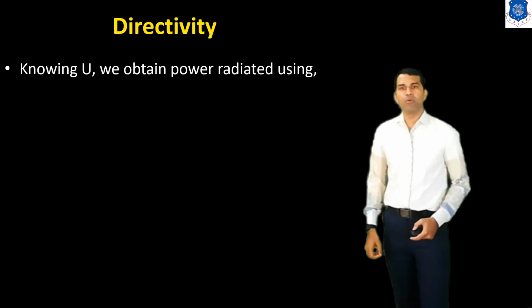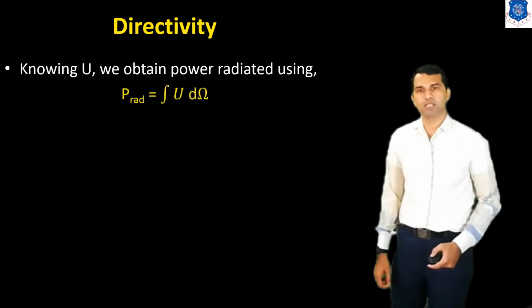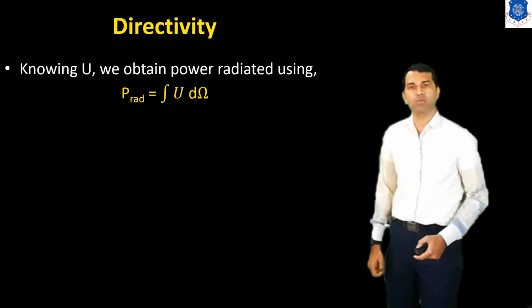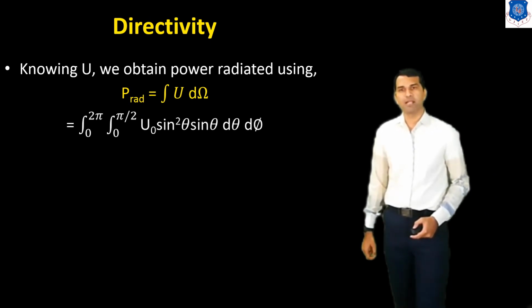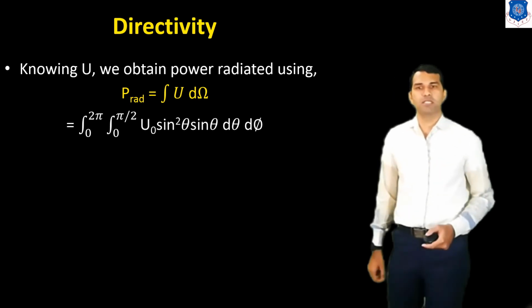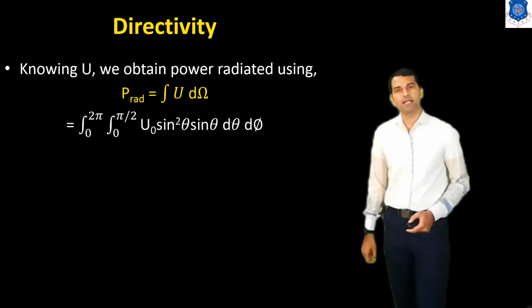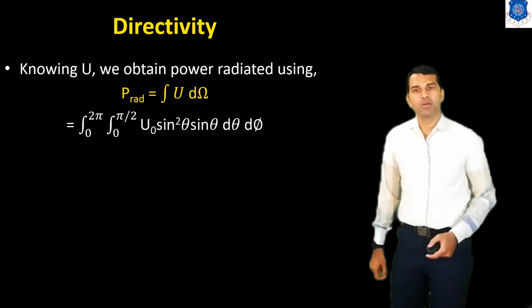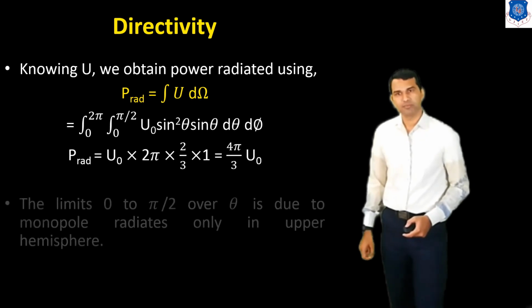Knowing U, we obtain the power radiated using P radiate is equal to the integral of U dΩ. We can write the power radiated in the spherical coordinate system. Here we write the integration from 0 to 2π, and the second integration from 0 to π/2, because this is a monopole antenna: U0 sin²θ sinθ dθ dφ.